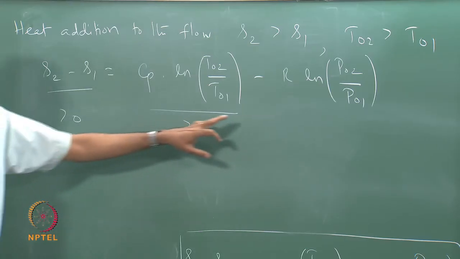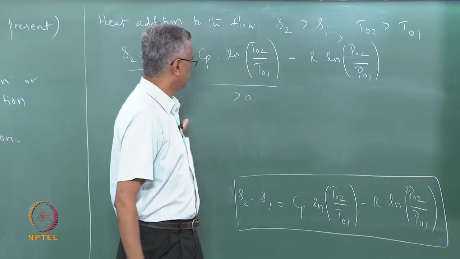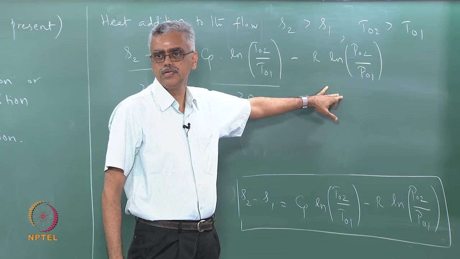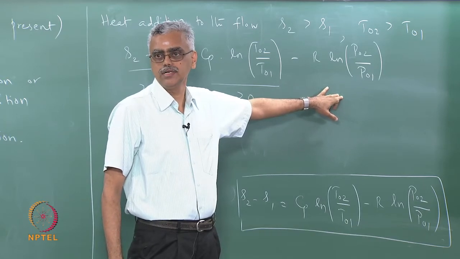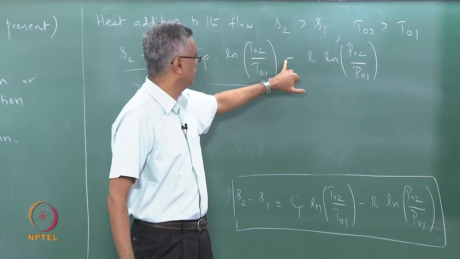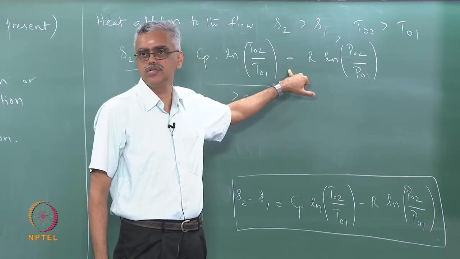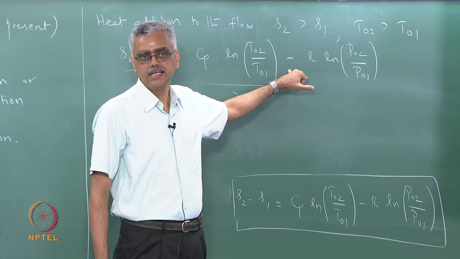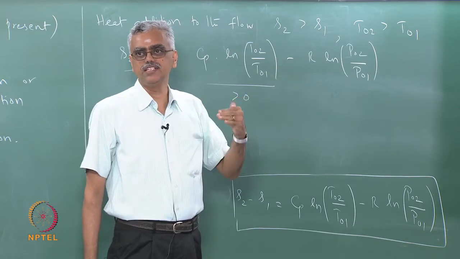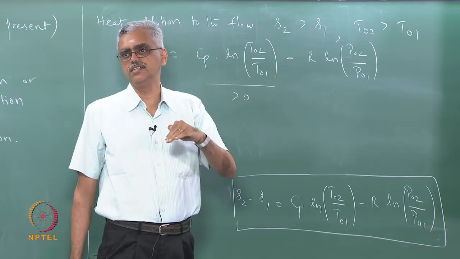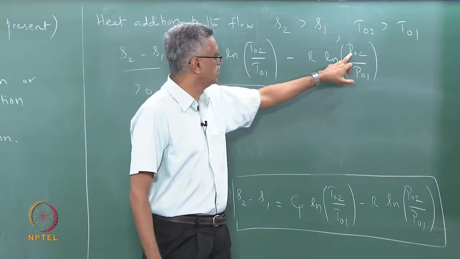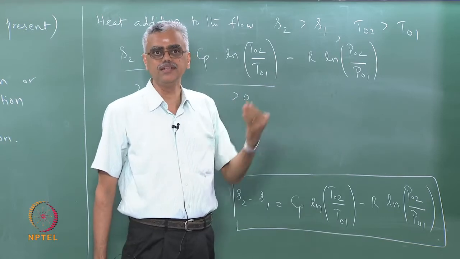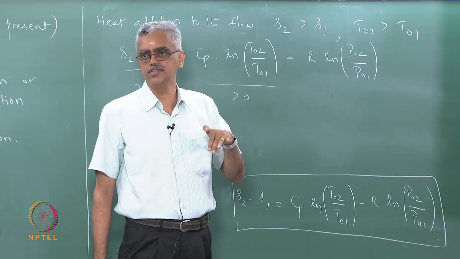Now this, as you can see from here, can either be 0 or it has to be negative, right? So that is the only way this negative sign and this will add together to give a positive number. So which tells me that heat addition can probably keep the stagnation pressure the same, or there must be a reduction in stagnation pressure, so that if P02 is less than P01, this becomes positive and we can add to this. Otherwise we cannot get an increase in entropy. This would start decreasing the entropy.